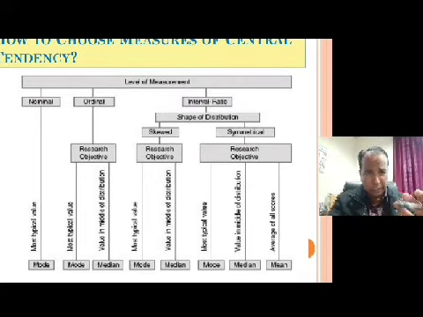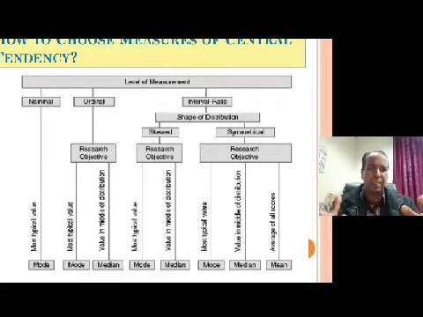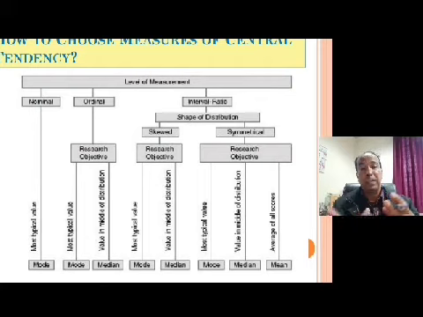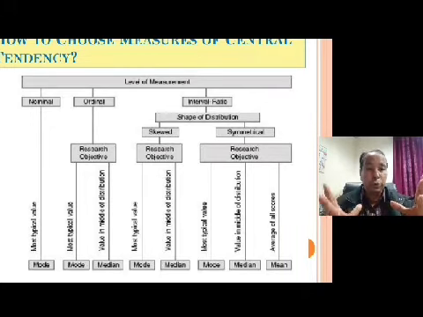When data is ordinal, mode or median can be used, and the arithmetic mean does not apply. When data is on an interval or ratio scale, as we know, interval data allows plus and minus, whereas ratio data allows all four operations: plus, minus, multiplication, and division. These two scales are considered better scales, and ratio is considered the best scale because it allows all the operations to take place.